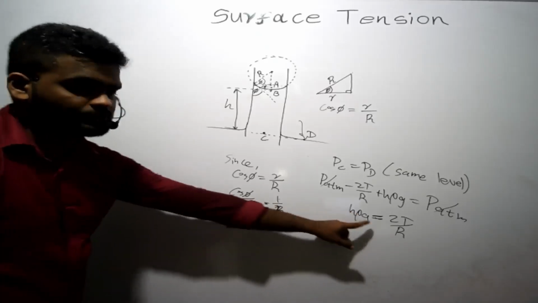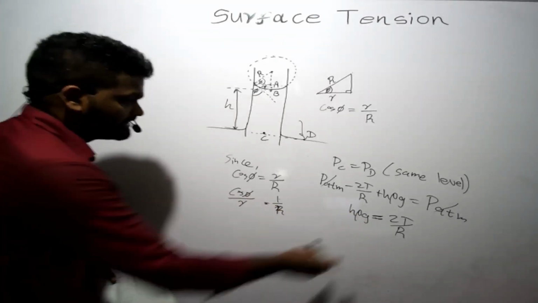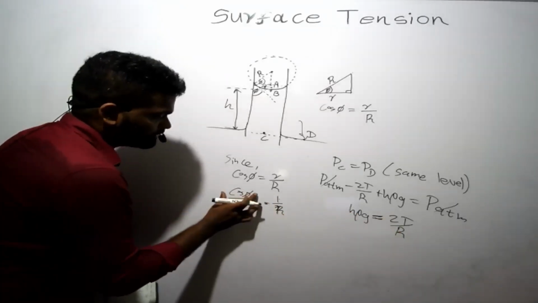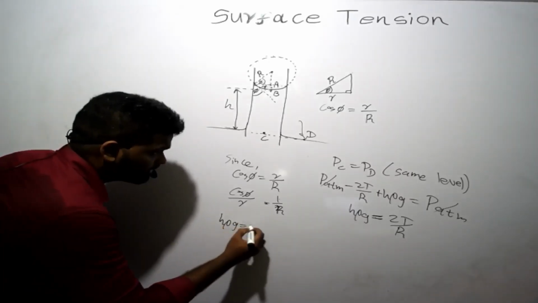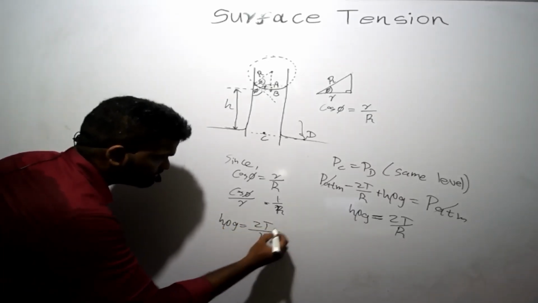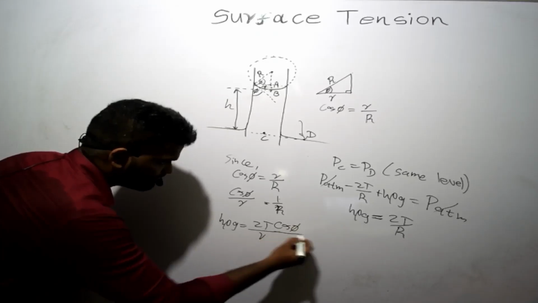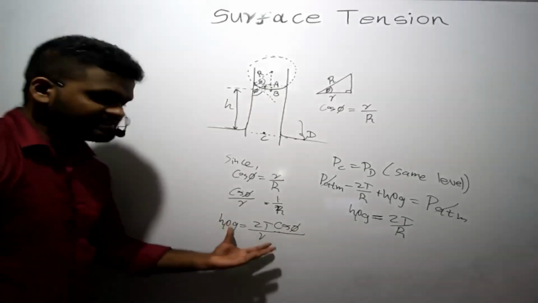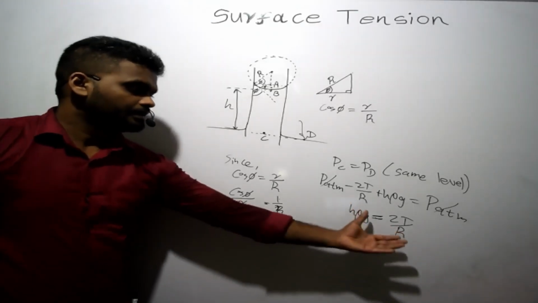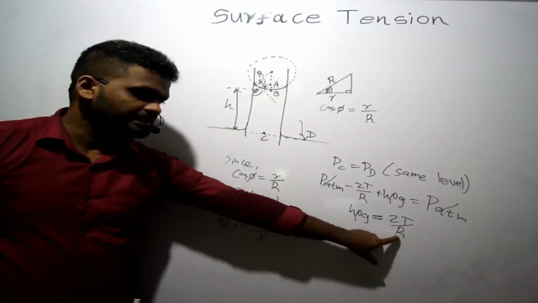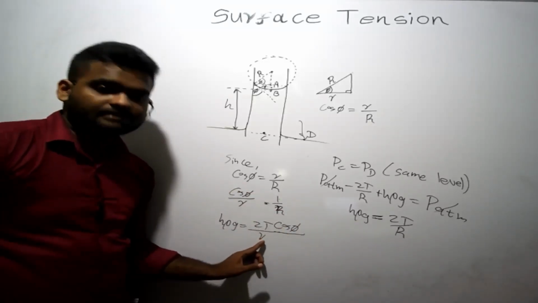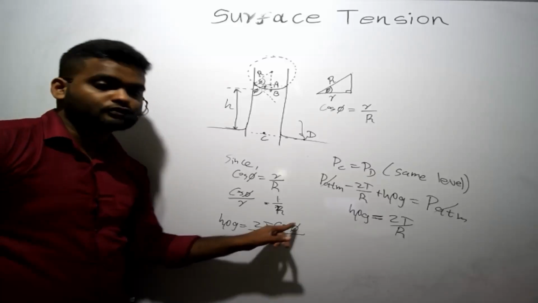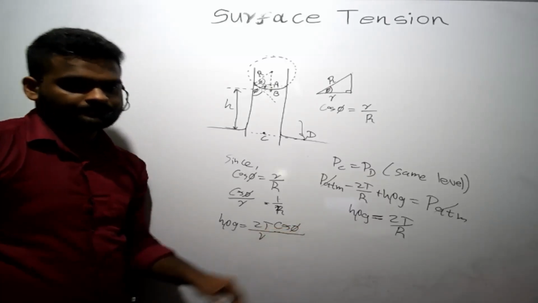So when you substitute it here, instead of 1 over R, you can put cos phi divided by small r. What do you get? 2T divided by small r, cos phi comes here. So this is another equation, right? Same equation. Here it is the radius of the meniscus. If you need to use the internal radius, there's going to be cos phi there, right? Take it down.